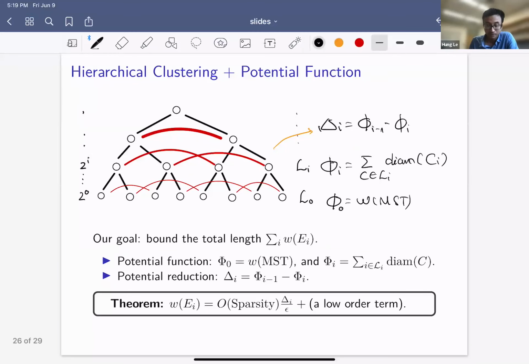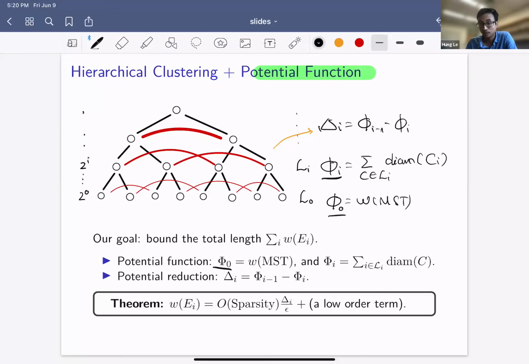Okay, and to bound the weight of the spanner, we use the idea of a potential function. So basically, at every level of the clustering, we assign some potential. At the first level, the potential is going to be the weight of the MST.